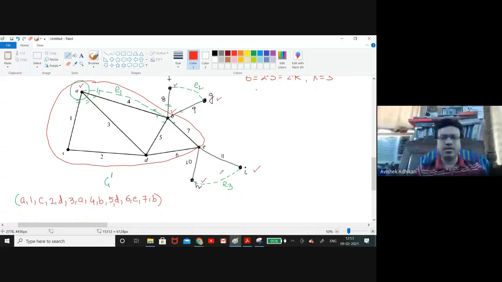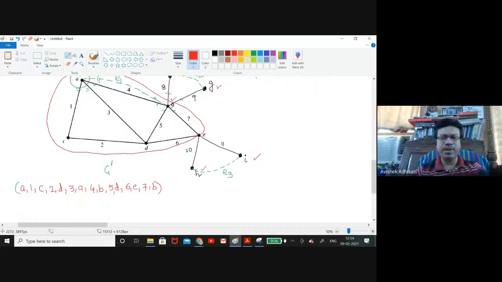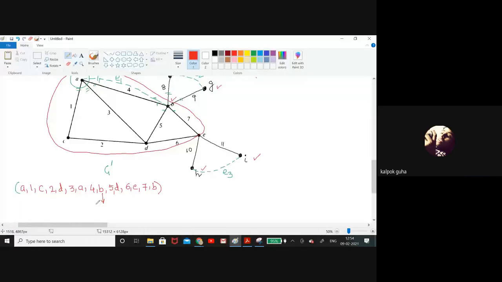I extended this graph till this. Okay. So what I'm doing, whenever you are here at some point, for example B, you come here, B. I'll just add extra. I just explore through this.